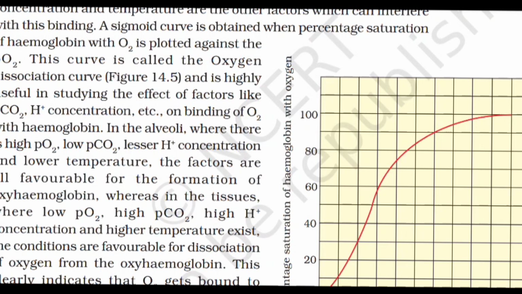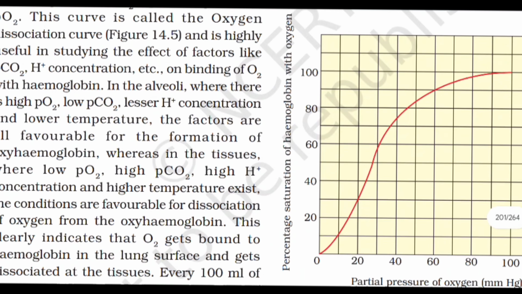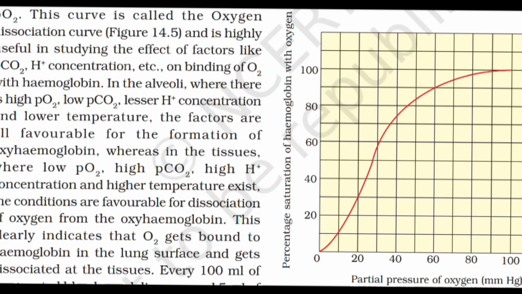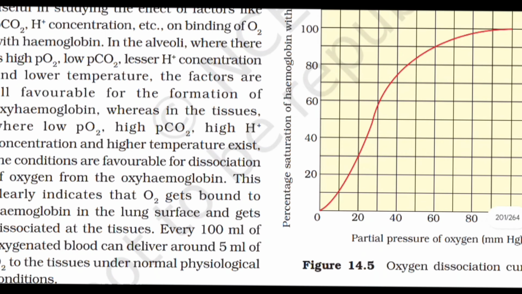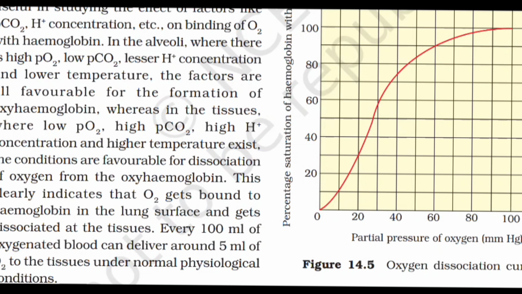Whereas in the tissues, where low PO2, high pressure of CO2, high H plus concentration, and higher temperature exist, the conditions are favorable for dissociation of oxygen from the oxyhemoglobin. This clearly indicates that O2 gets bound to the hemoglobin in the lung surface and gets dissociated in the tissues.